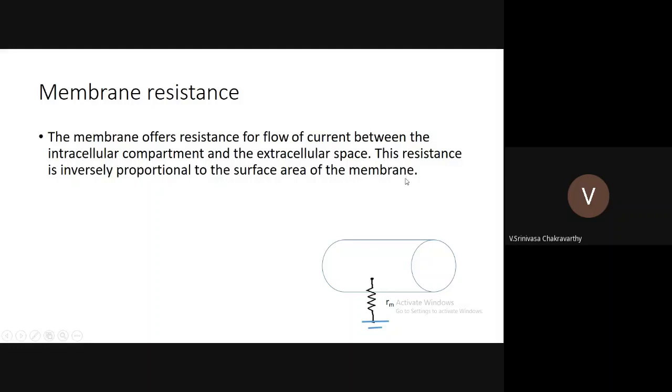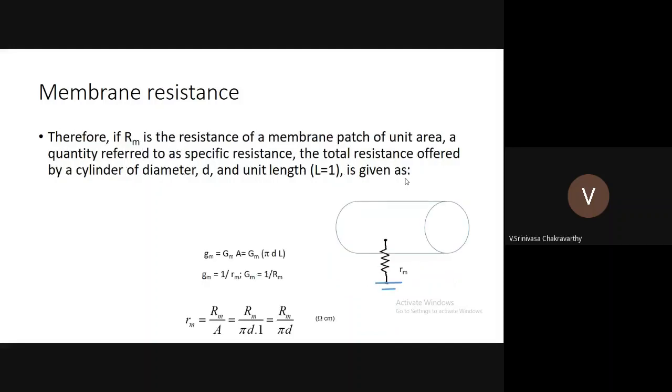Because here it's more convenient to talk in terms of conductance, because the resistance is offered by the membrane, and that resistance will be lower if the area is higher. So if you talk in terms of conductance, the conductance will be higher when area is higher, so proportional to area. But the notation in the textbook uses resistance. We'll talk about resistance, but we'll relate to the conductance.